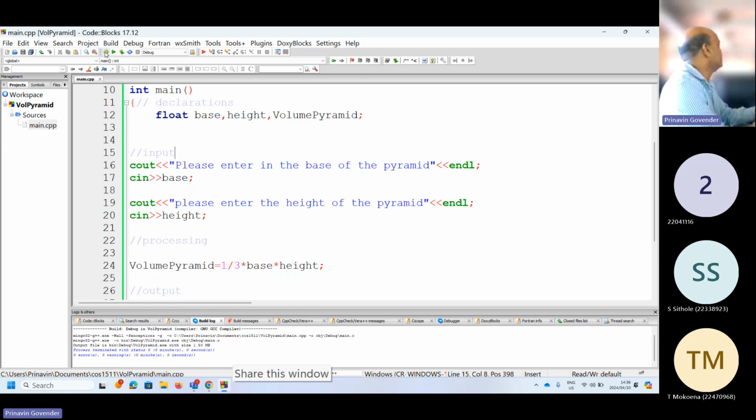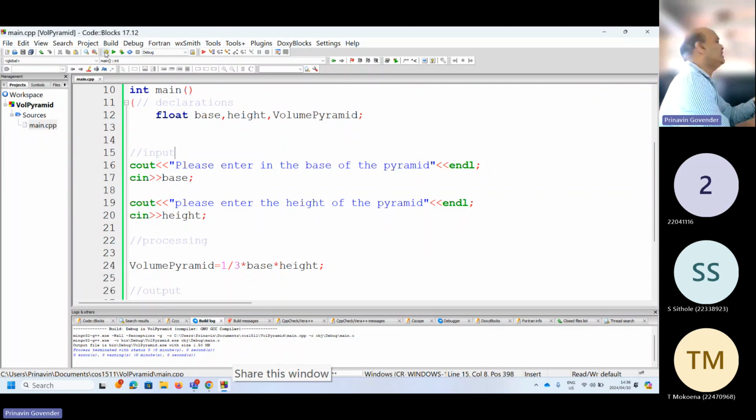So let's get some test data now, right? If the base of the pyramid is 100 meters and the height of the pyramid is 200 meters, what do you expect our answer to be? 1 divided by 3. I'm using my iPhone calculator.